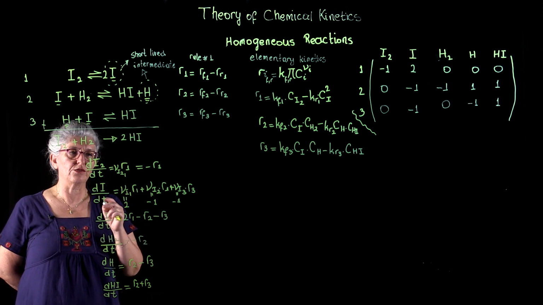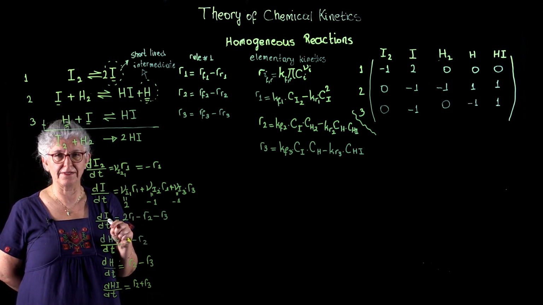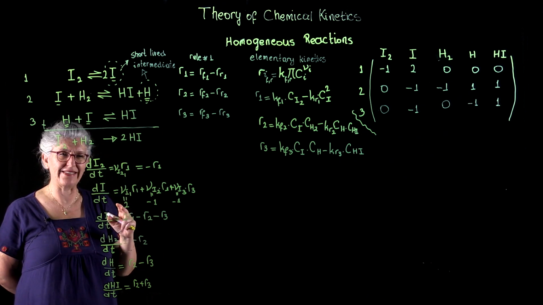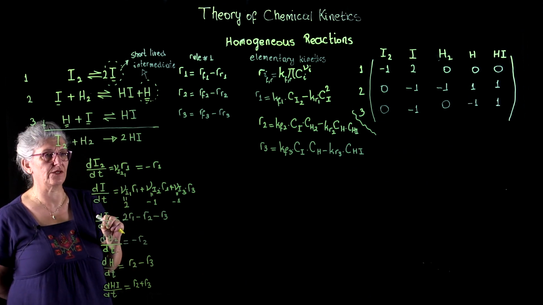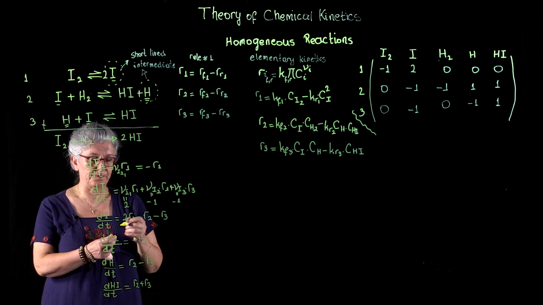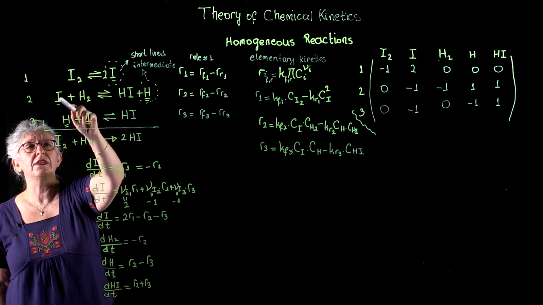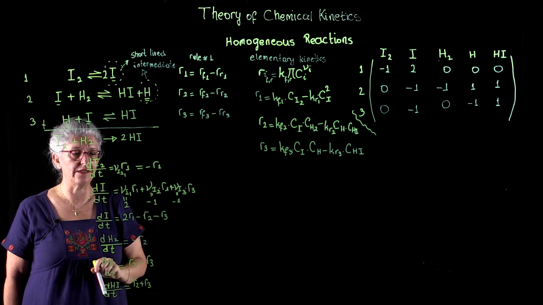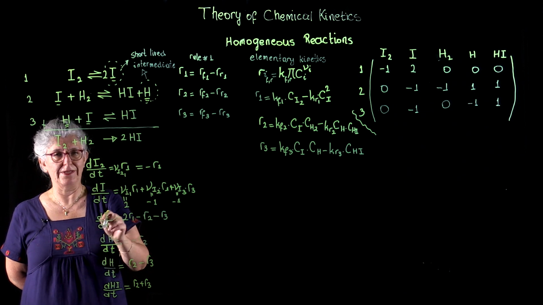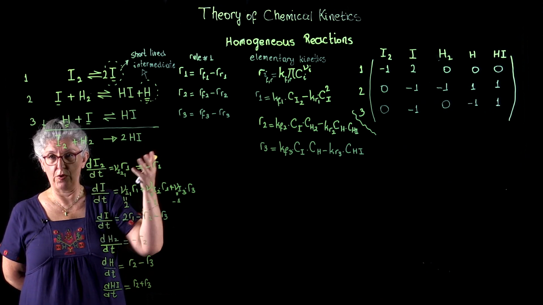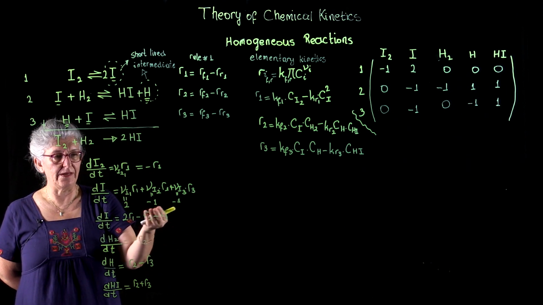So we will try to make approximations and assumptions and derive the final rate expression, hopefully in an algebraic form. So let's see. Now, here we have short-lived intermediates. We would like to eliminate those short-lived intermediates from the end rate expression.